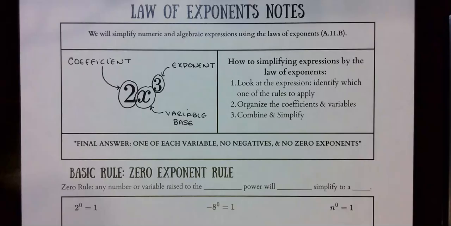Okay? So the first part is to make sure that we understand what are the different parts to this problem, because we're going to separate them and then organize them according to what they are. Okay? So with that being said, let's talk about what we're going to have to do to simplify some of these expressions.